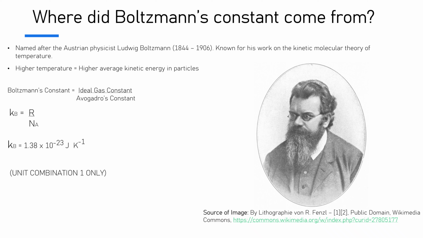When we use Boltzmann's constant, we usually only use unit combination 1. Let's now quickly go through the calculation within this equation to prove it's correct and show what the modified version of the ideal gas equation looks like with this constant and the variable of number of particles included.